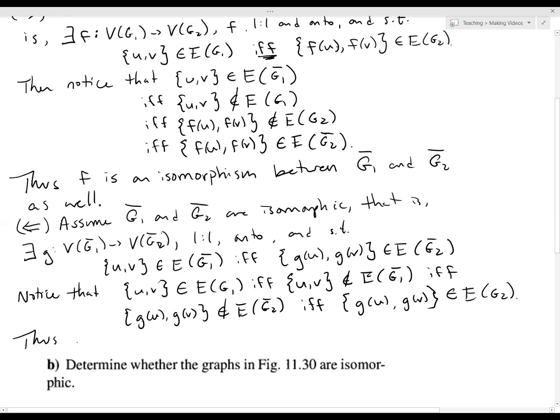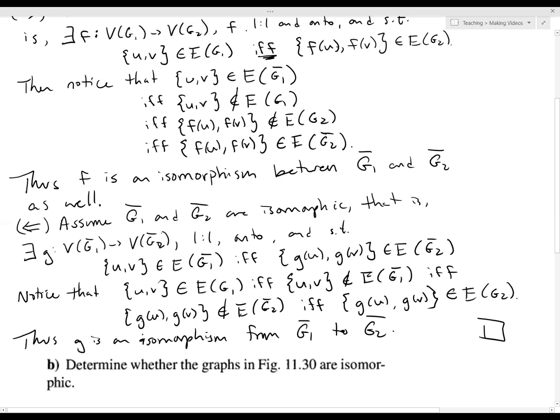Thus, g is an isomorphism from G1 bar to G2 bar. And that does it. Both directions are exactly the same.